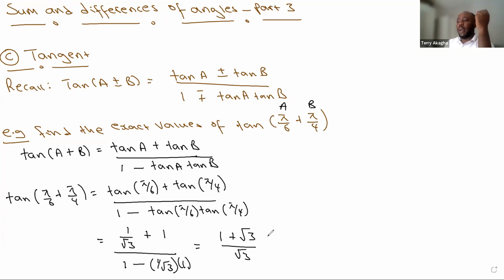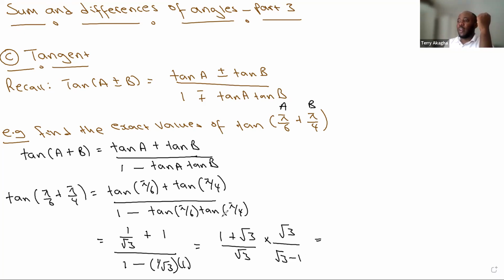Then, for the denominator, when you subtract, it's going to give you root 3 minus 1 over root 3. Then you swap it, so it's multiplied by root 3 over root 3 minus 1. When you open the bracket, you open this individually.